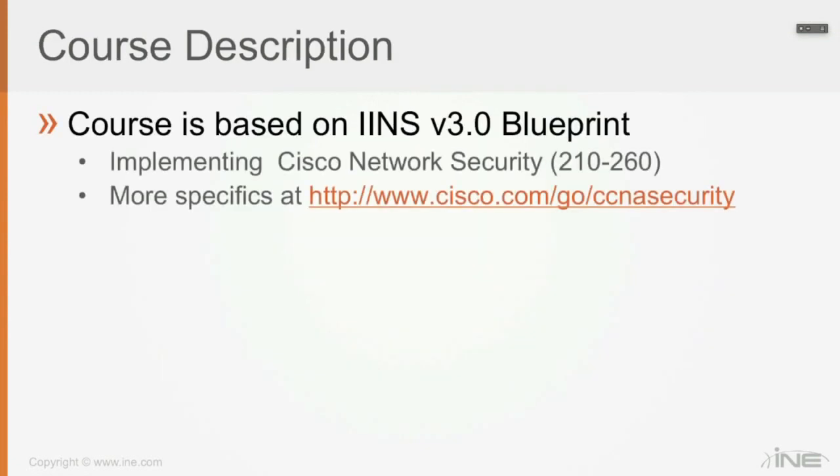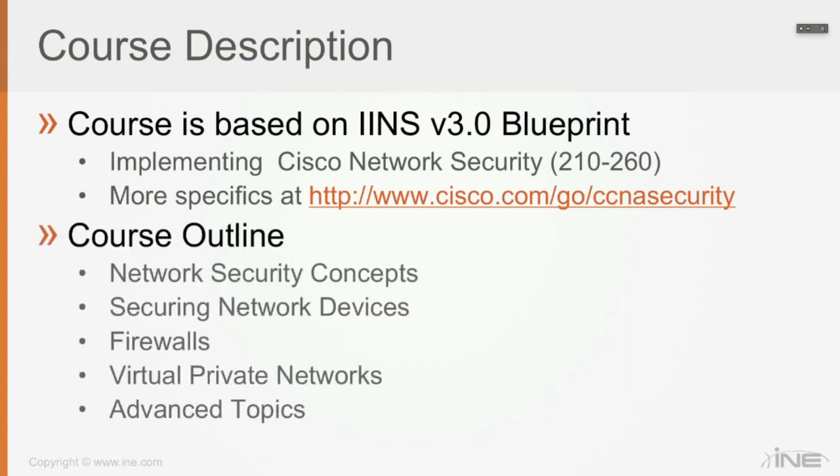Course description: it is based on the current IINS version 3.0 blueprint. The exam number is 210-260, and we're going to look at the details of the certification on the website shown on the slides, cisco.com/go/ccnasecurity.